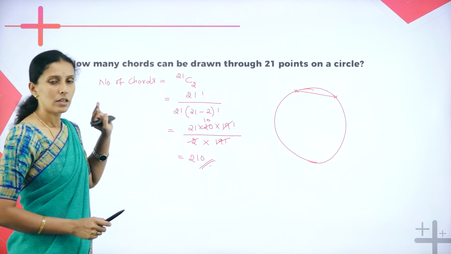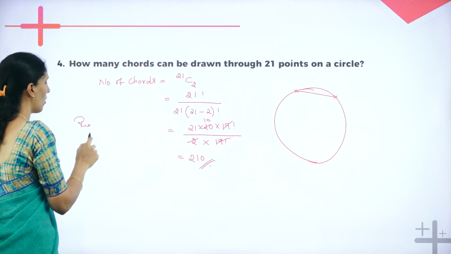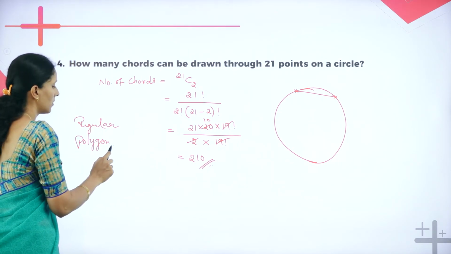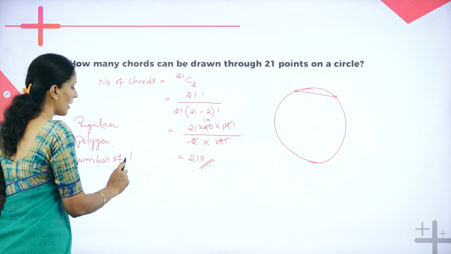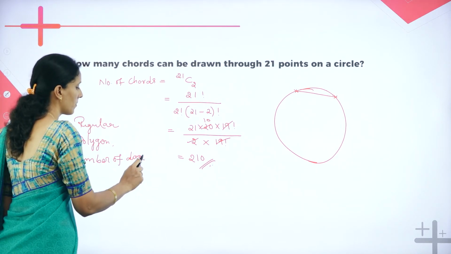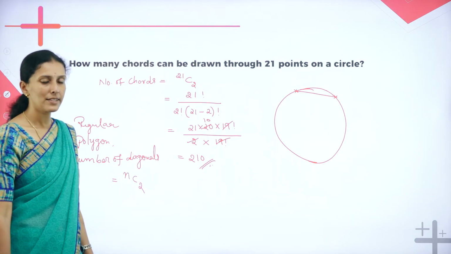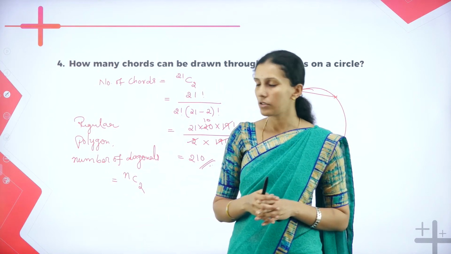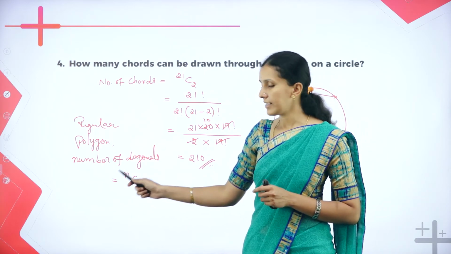The same condition is applied for a regular polygon. For a regular polygon, the number of diagonals you can draw is nC2, the same as for chords. For example, for a pentagon, you have 5 vertices. How many diagonals can you draw inside the pentagon? 5C2.